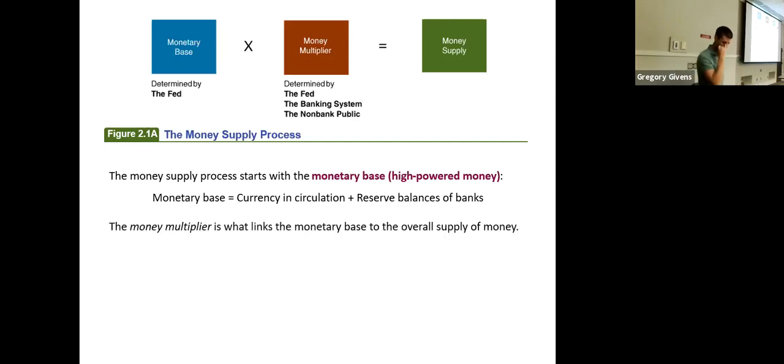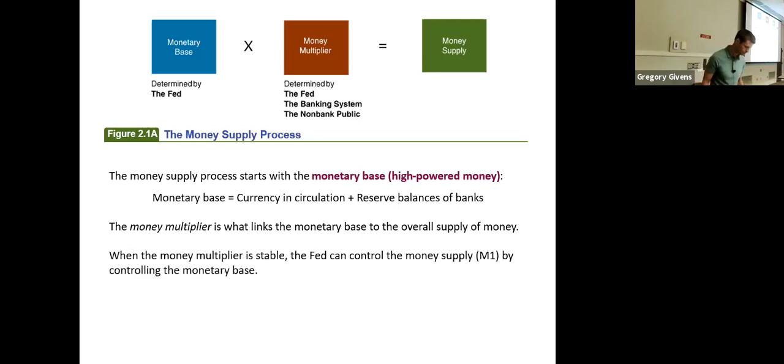The money multiplier is the concept that actually links the monetary base to the overall supply of money, which I'll get into in much more detail in the next class. Now, assuming for the sake of argument that the money multiplier was a really stable concept, just some number that always stayed fixed forever, what does this simple equation tell us?